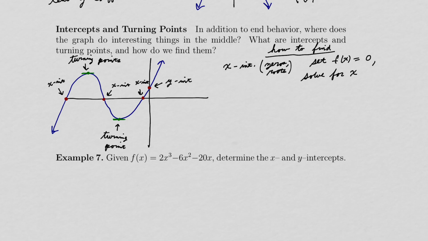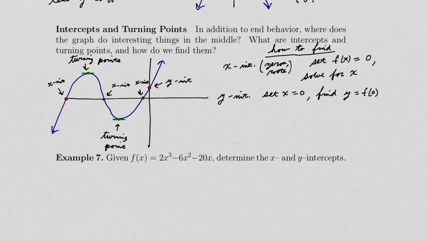What about the y-intercept? There will always be one y-intercept. We set x equal to 0 and solve for y. I'll say find y equals f of 0, right?